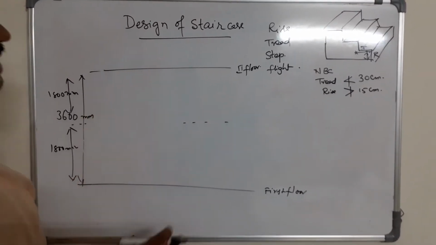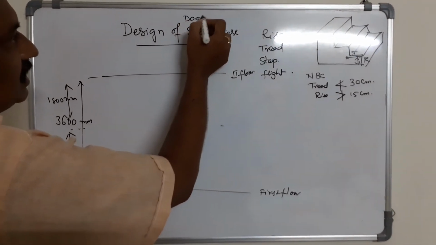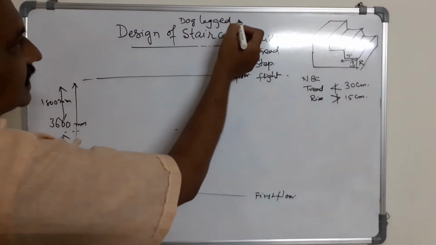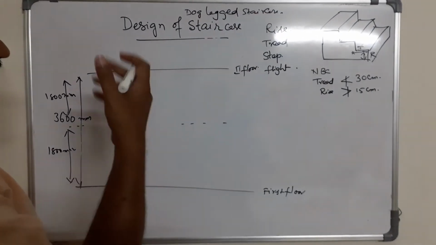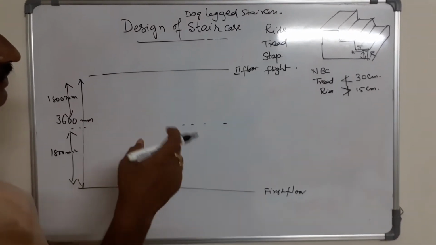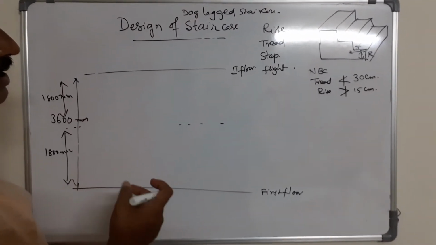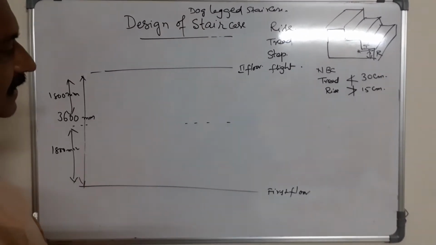Now my design is a dog-legged staircase. In staircases, there are so many types. One is a straight staircase, one is a bifurcated, one is a spiral. But our design is a dog-legged staircase.